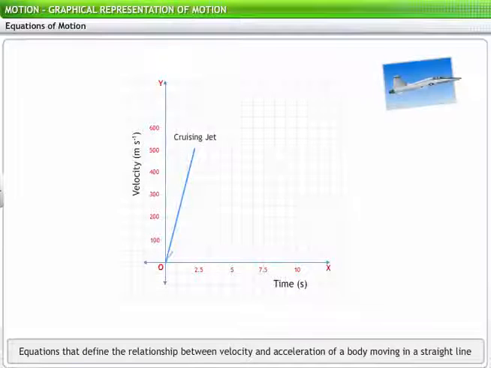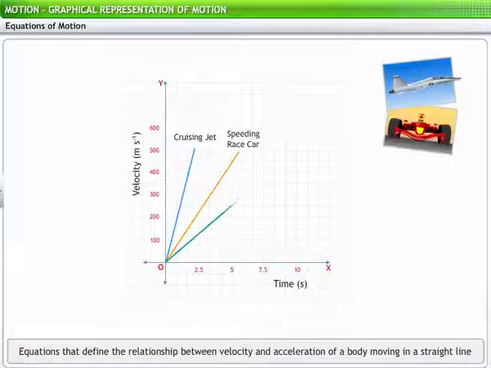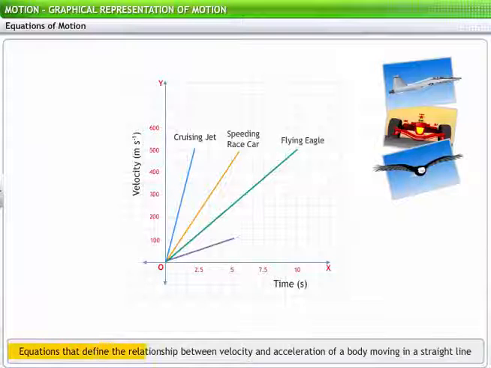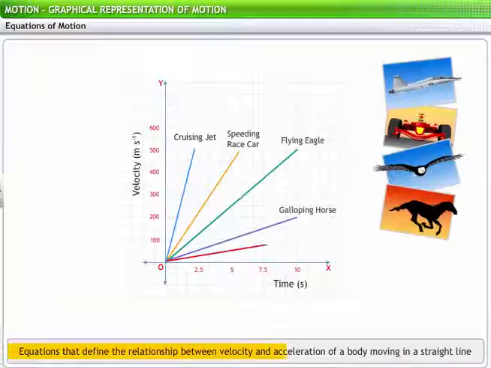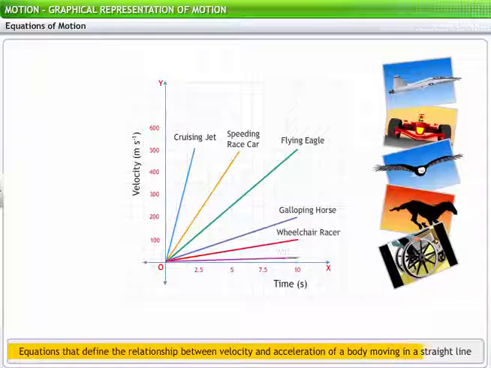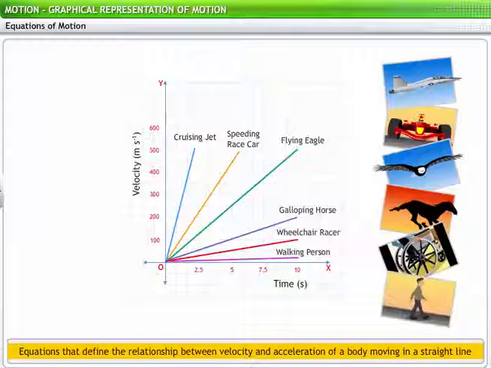Analyzing a velocity-time graph enables you to derive the equations that define the relationship between velocity and acceleration of a body moving in a straight line. These equations are collectively referred to as equations of motion.